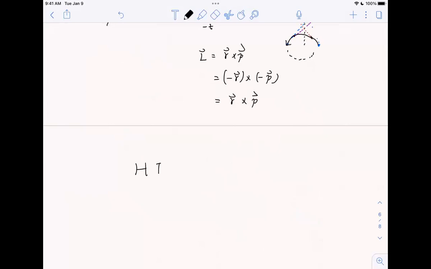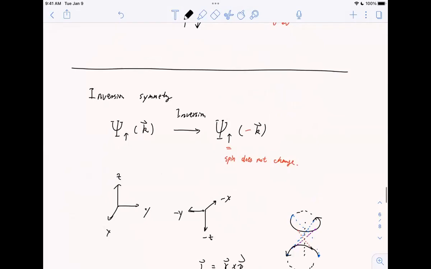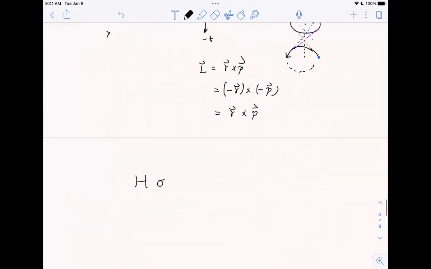What's the name of the operator of inversion? People use sigma to represent inversion. But we already use that symbol, so let's say sigma I, where I means inversion.